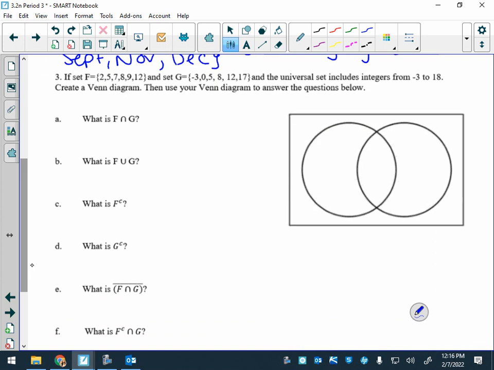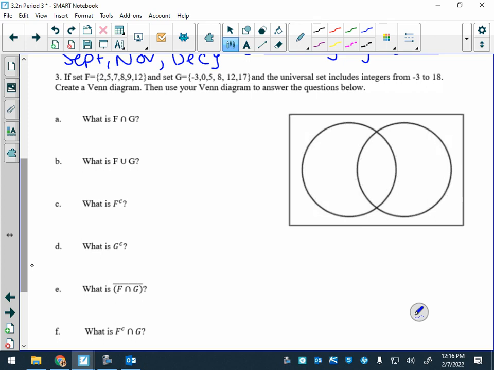All right. Number 3. You have if set F was 2, 5, 7, 8, 9, 12, set G, -3, 0, 5, 8, 12, 17, and the universal set includes integers from -3 to 18. Okay? So remember that you want to list them out.